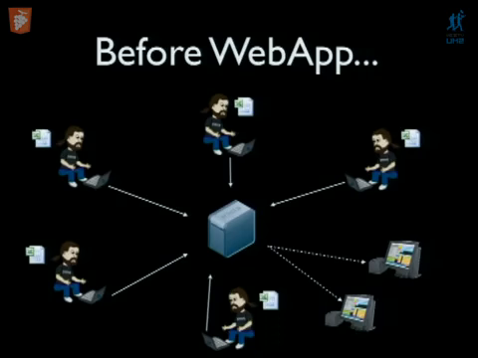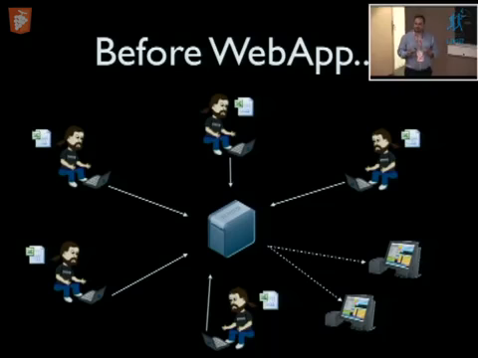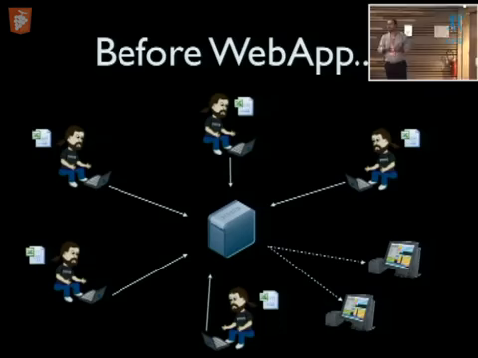Okay. First of all, before the web application, how was every day? Here you have 5 supporters. Everyone has their own Excel with all the IPs of the servers. This is how they manage. If this guy makes a new server, these guys don't know about it unless they tell him.